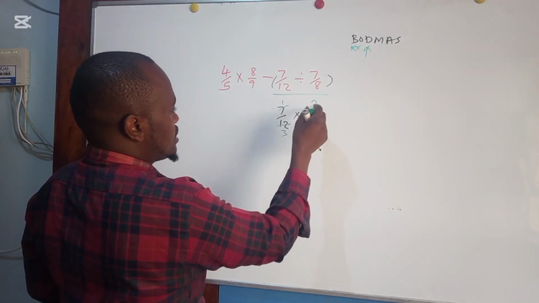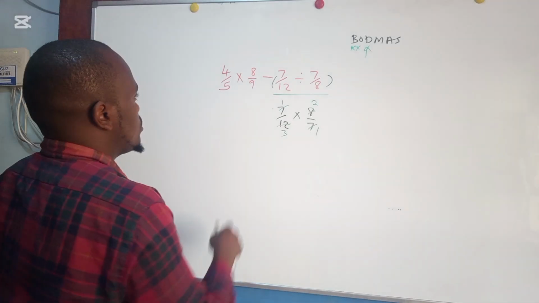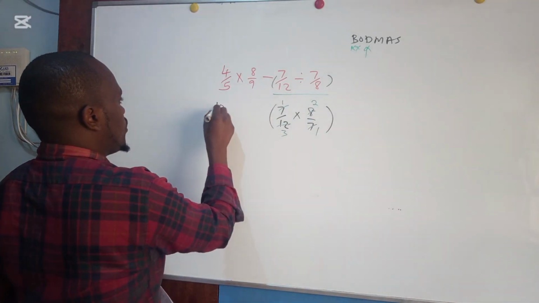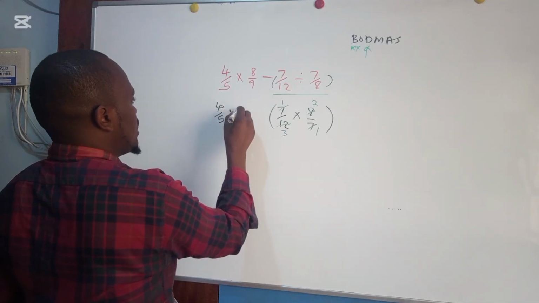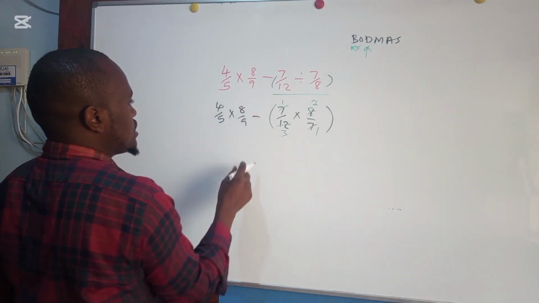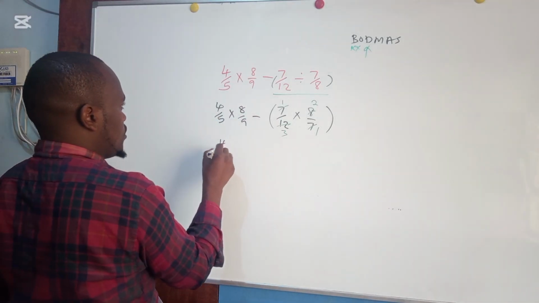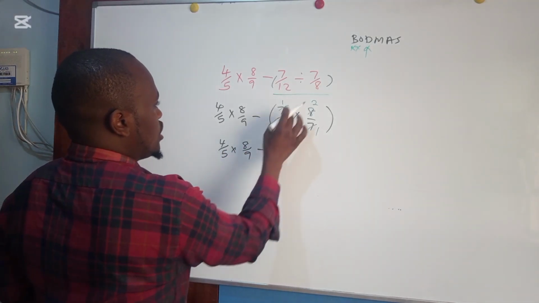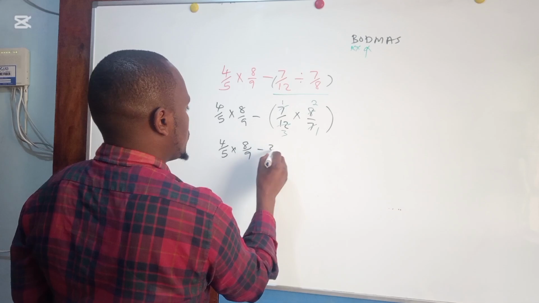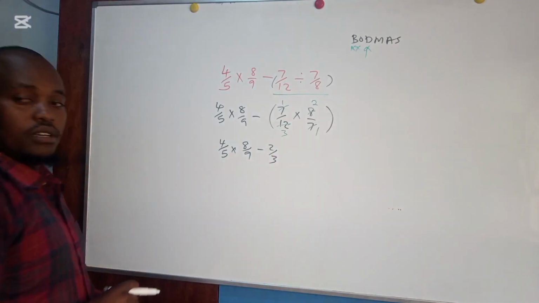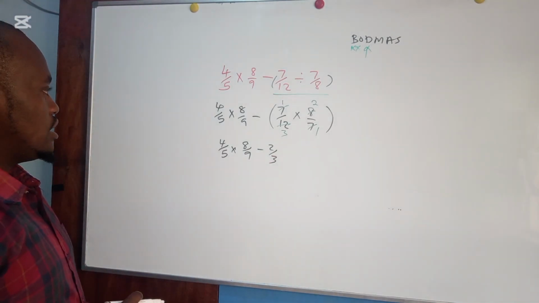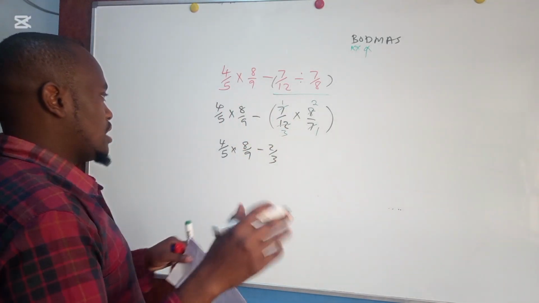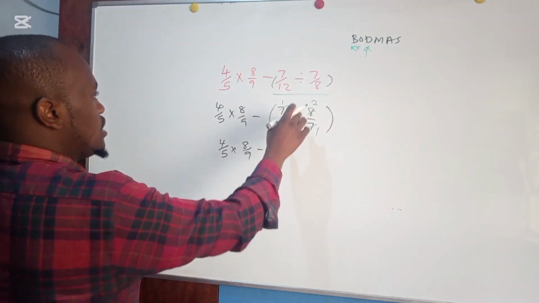Now you can copy the other parts. This is 4 over 5 times 8 over 9 minus, and then in the next step, minus your answer here, 2 over 3. So now it becomes very easy to follow. The teacher can tell what you have done, but if you skip this part and you have a lot of work, maybe with 2 divisions, it can be confusing.